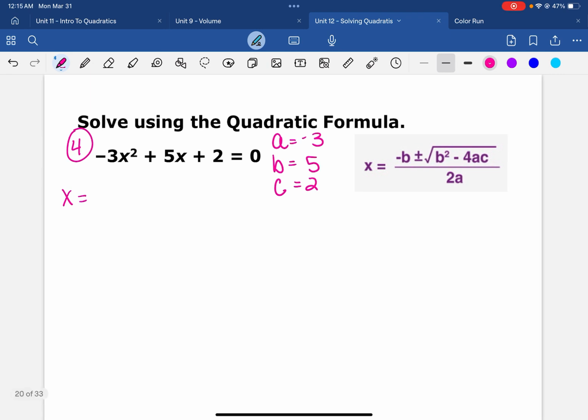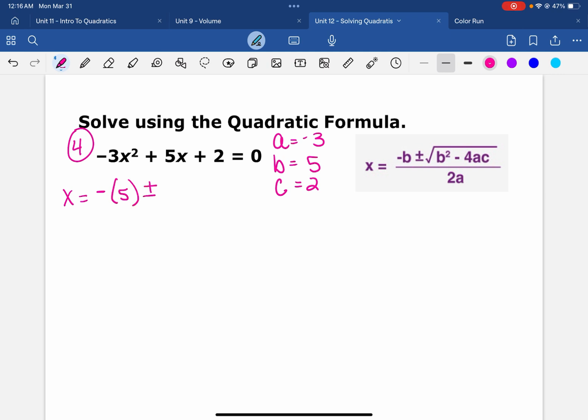X is equal to negative B value, so -5 plus or minus the square root of B squared, so we have 5 squared, minus 4 times A, which is -3, times C, which is 2, all over 2 times A, so 2 times -3. Let's simplify.